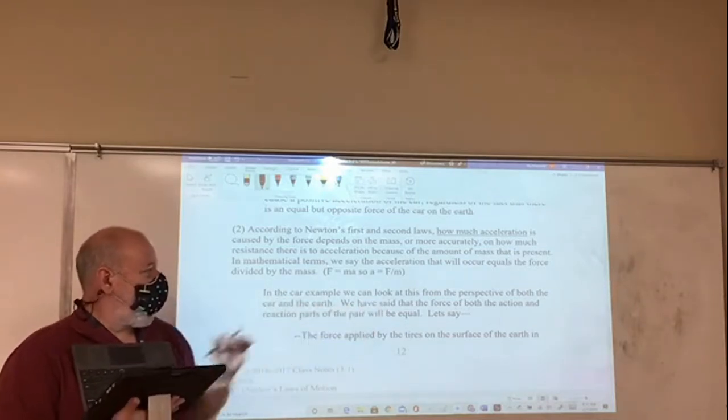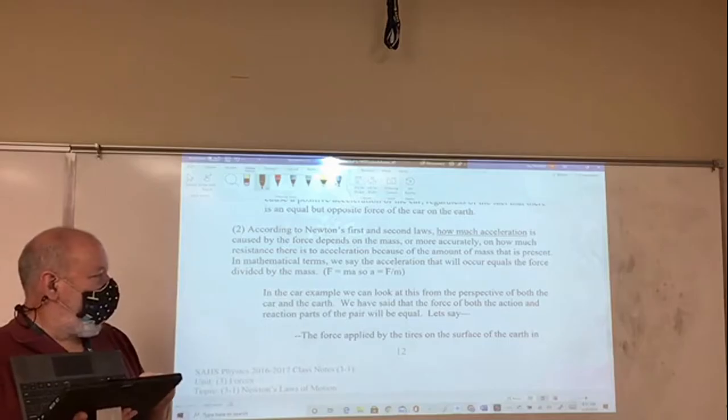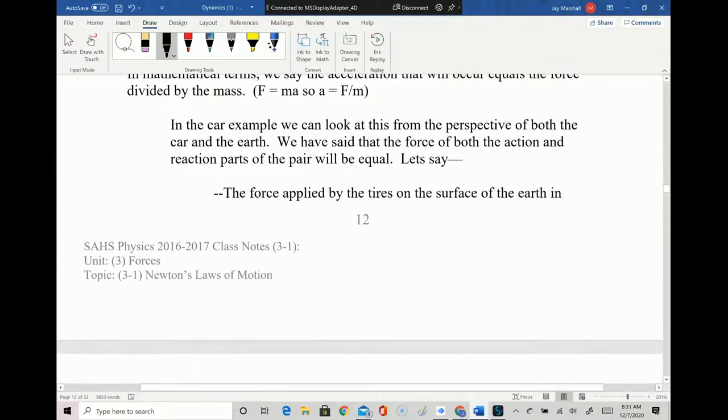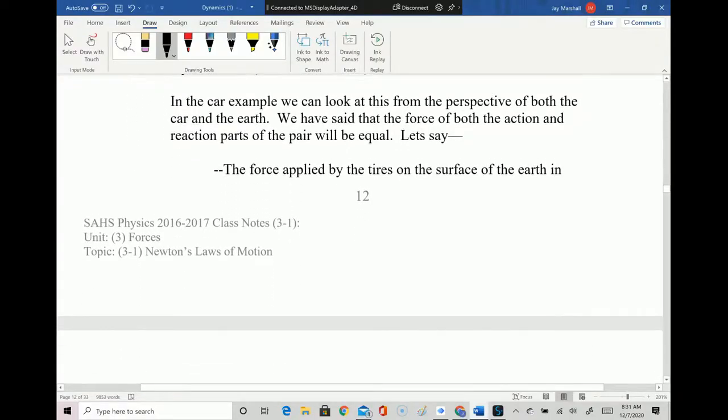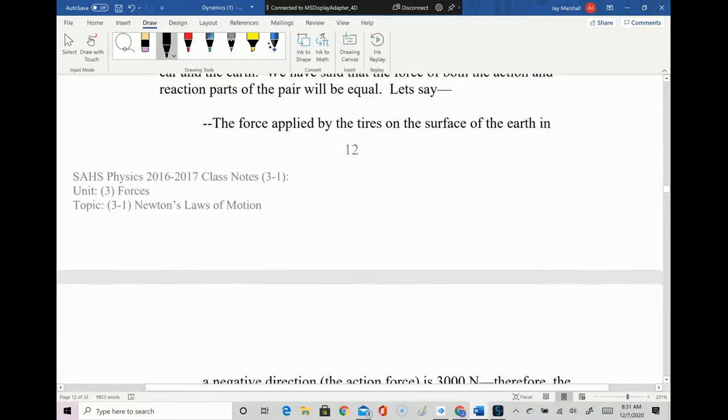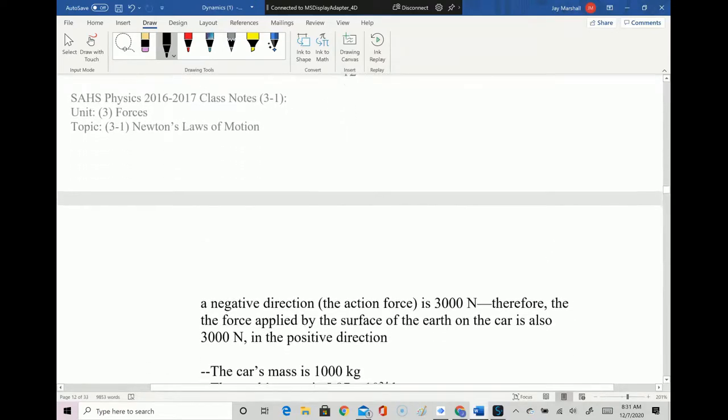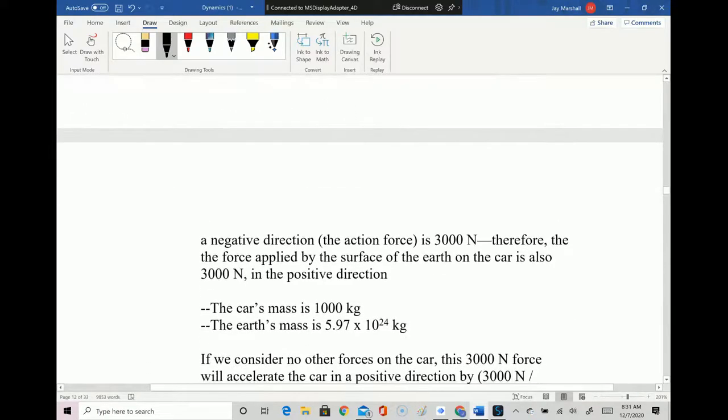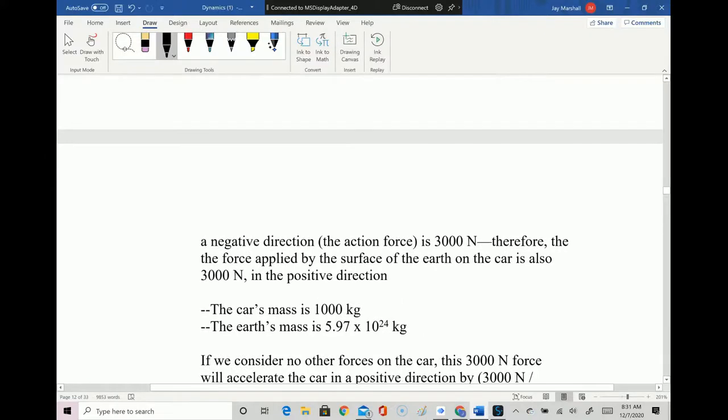We've said that the force of both the action and the reaction pair will be equal. Let's say that the force applied by the tires on the surface of the earth in the negative direction is 3,000 newtons. Okay, so let's say that here's the point of touching the tire with the surface of the earth.